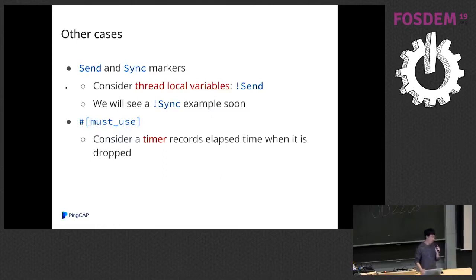And for example, in Rust Prometheus, we provide a timer that records elapsed time when it is dropped. So if you don't use it, it will be dropped immediately. And this is not what developers normally expect. Developers may expect this timer to run for the whole scope. So it is a must-use timer.